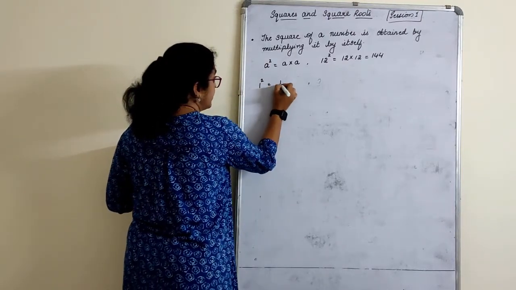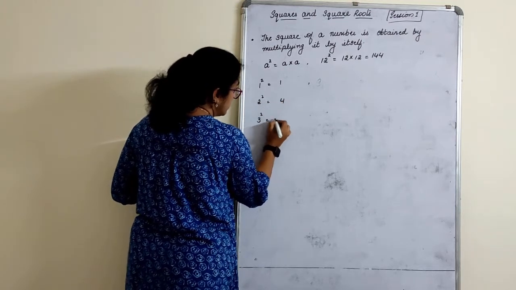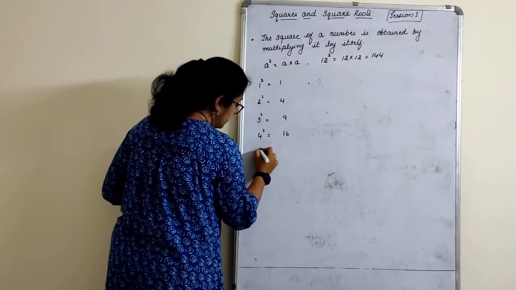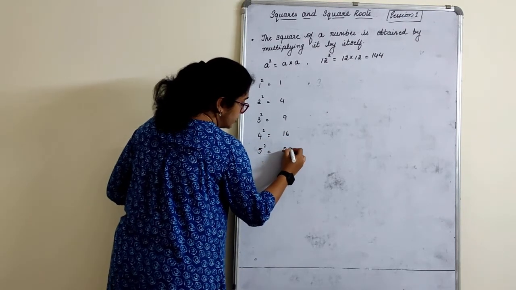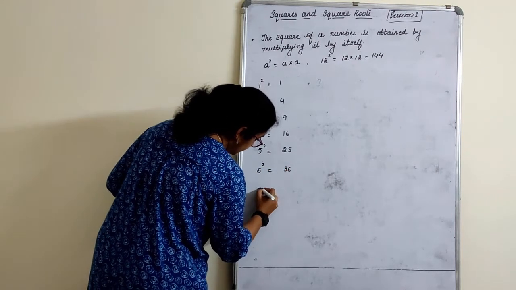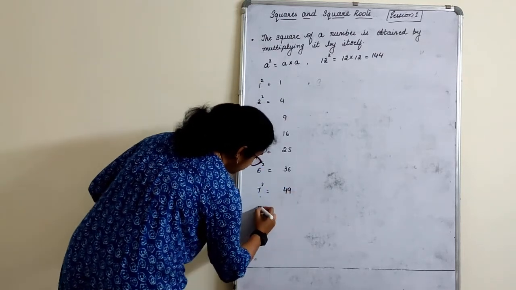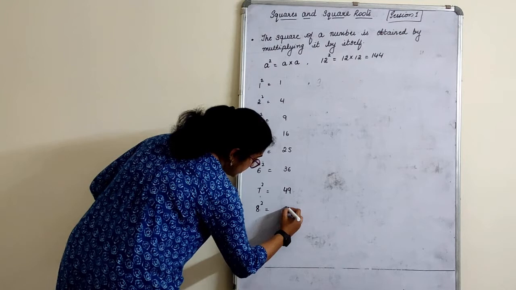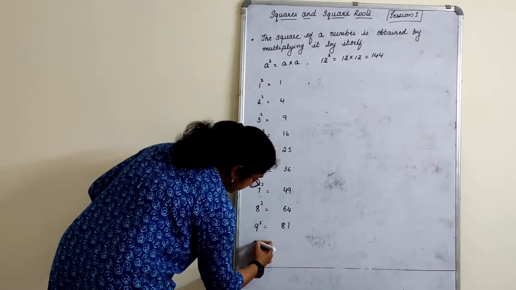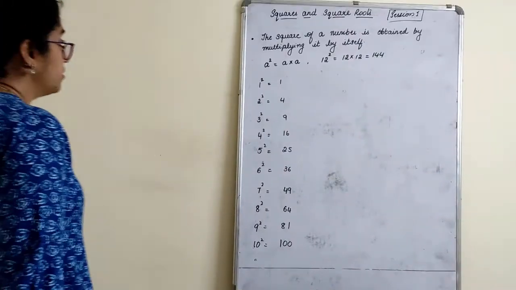I'll just write 1 square 1, 2 square 4, 3 square 9, 4 square 16, 5 square 25, 6 square 36, 7 square 49, 8 square 64, 9 square 81 and 10 square 100.